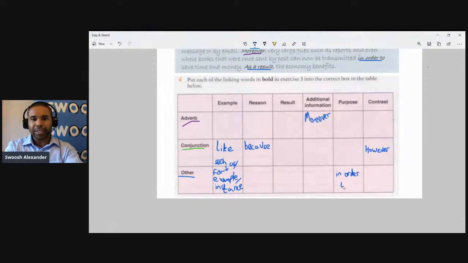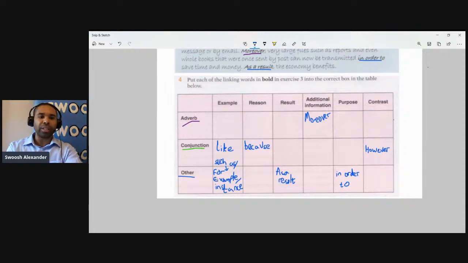And finally, as a result, well, that's quite obvious, isn't it? That's used to talk about a result. What is the result? The economy benefits. Okay, so we've got then a linker for each of the purposes here.